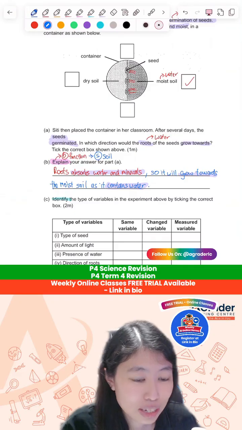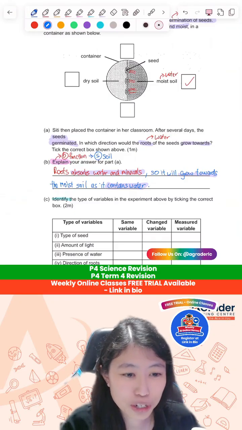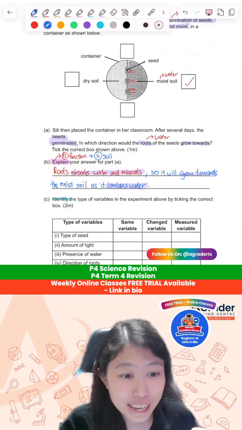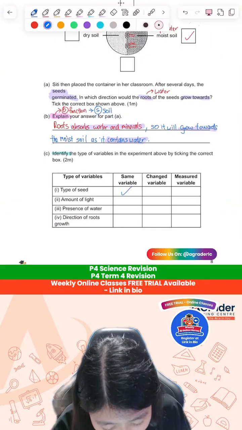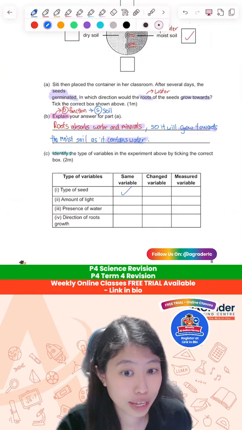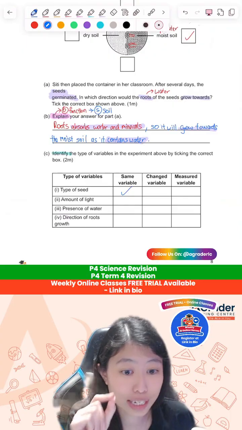Okay, can? So type of seeds, can you all tell me type of seeds should be what? Same, changed, or measured? Yes, type of seeds are the same. Okay, so it must be kept the same. Okay, what about amount of light? To ensure a fair test, only one thing is changed, and it must be the one that's in the aim.